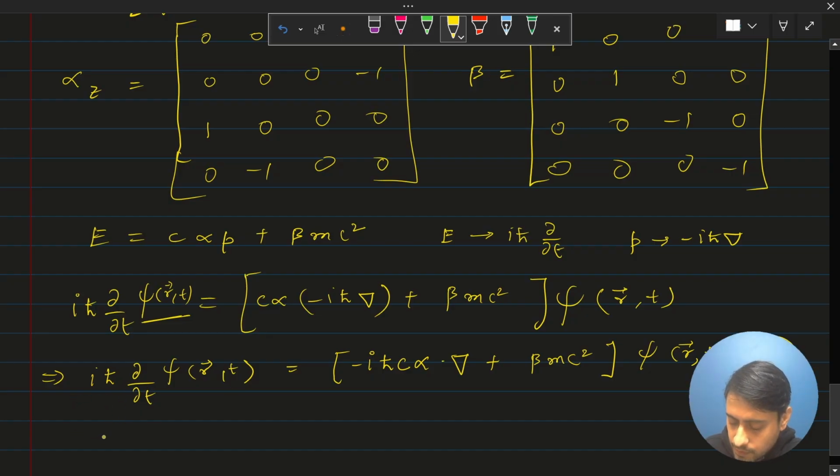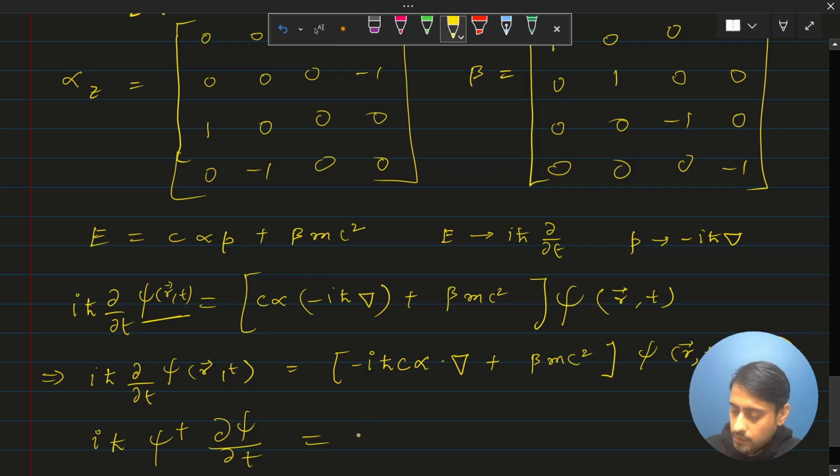It will be i h bar, these are constants, psi dagger del psi over del t. This is the left hand side, and let's multiply by psi dagger to this term.